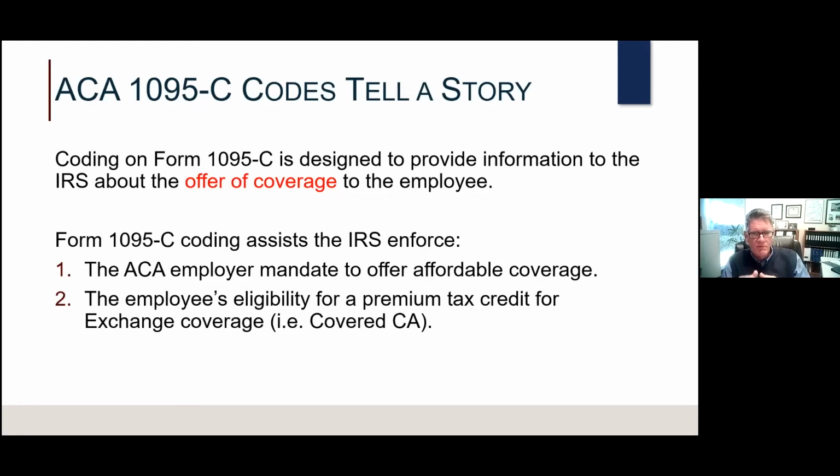The codes on the form help the IRS by enforcing the employer mandate to offer coverage, and they also enforce the employee's eligibility for that subsidized coverage on Covered California. If an employer is offering affordable coverage to a full-time staff person, they are not eligible to get subsidized coverage from Covered California. The 1095-Cs help the IRS enforce that.